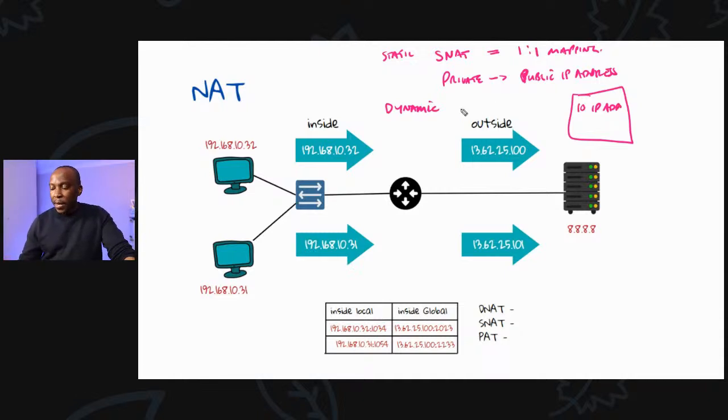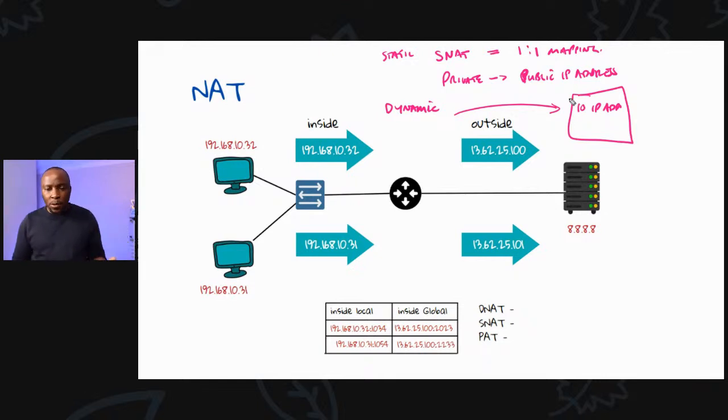Depending on who wants to go online, when you get translated, one IP address out of this pool is going to be used, and then 9 are going to be remaining. When all of the IP addresses in the pool are used, it means that no one can go onto the internet until the ones that are connected have returned these addresses that they've leased for the purposes of connecting to the internet. So that's your dynamic NAT.